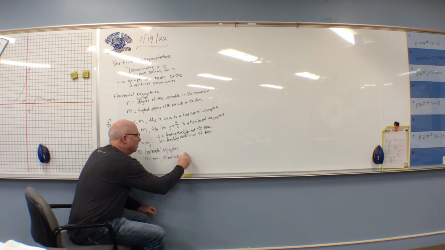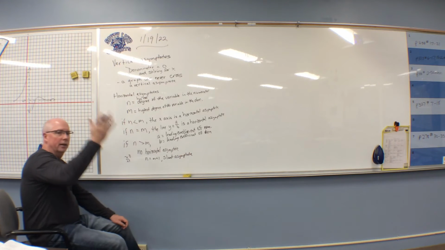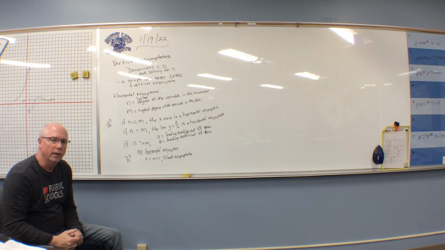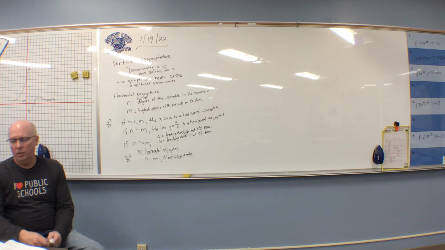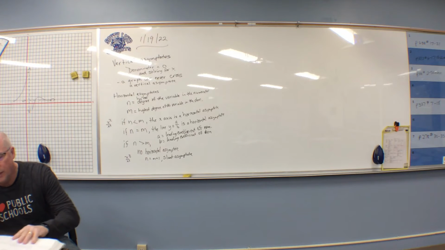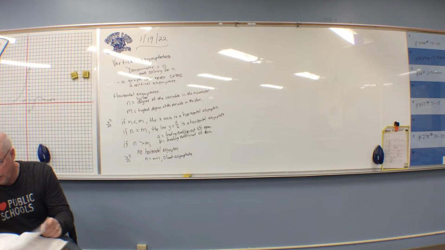A slant asymptote is a slanted line, and it usually has a hole in it somewhere, where the denominator is 0. Okay, all right, and I will give you an example of that. Why don't we do that now, and then I'll come back to graphing it, okay?